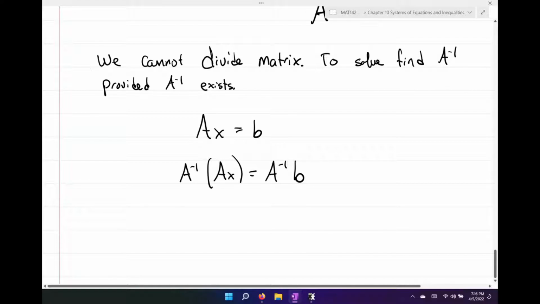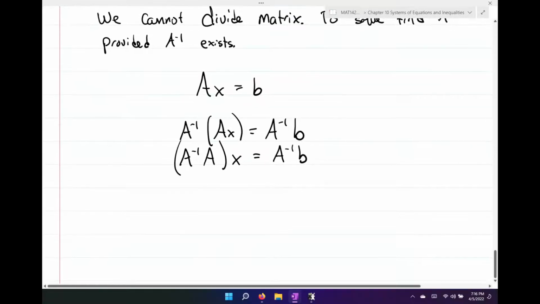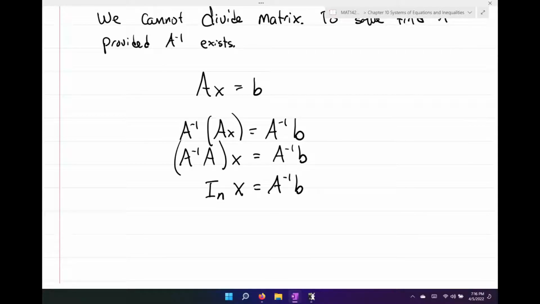Now, by doing that, I'm going to multiply A and its inverse. And if you remember, by multiplying A and its inverse first, we end up getting the identity matrix. And we know that the identity matrix is always going to output the original matrix that you're multiplying it by.